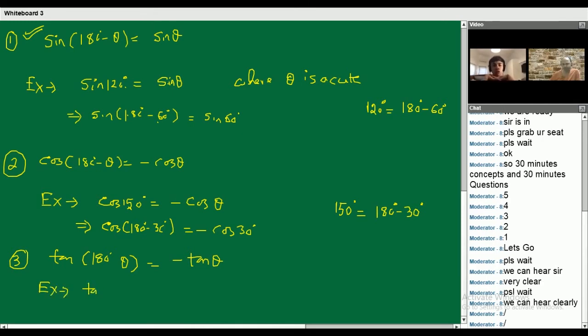Let's take one example. Say tan of 160 degree equals minus tan theta. Can we quickly calculate the value of theta?